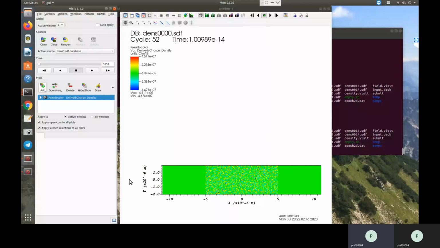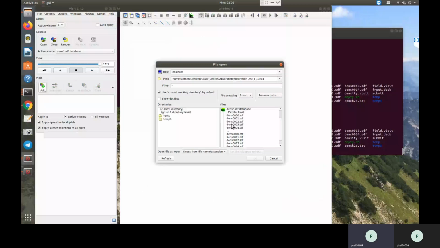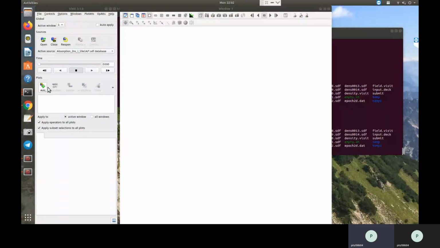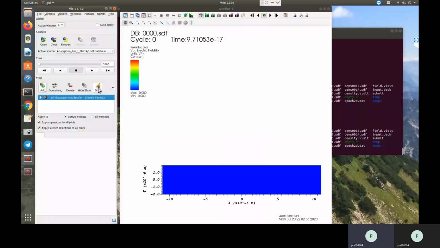So this will be like this. Now, if we consider the fields, electric and magnetic fields, we can draw them from here. The X component field will be like this.